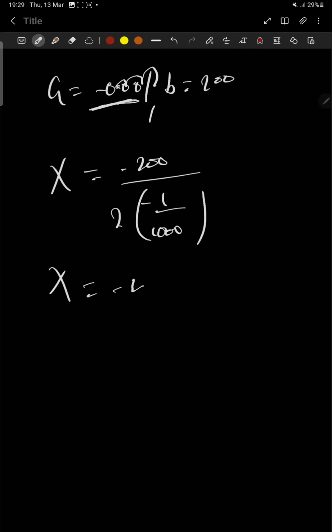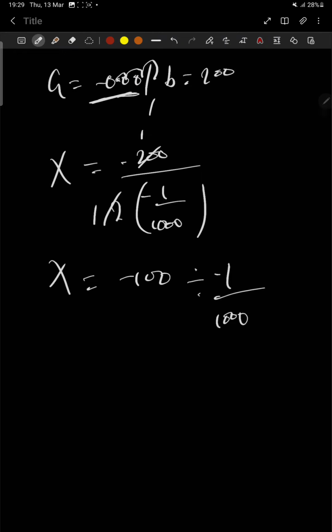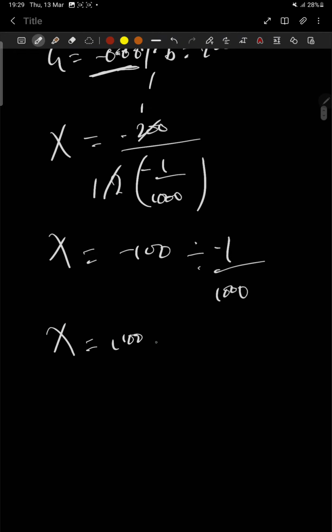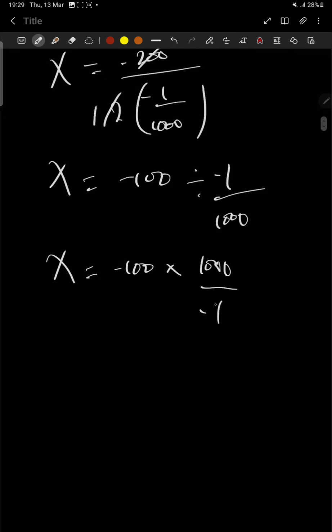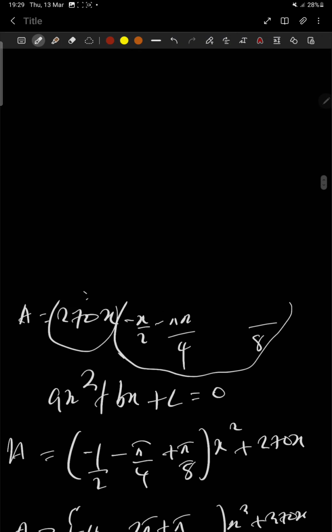So our x will be negative 2, and then this can go into the 1, this in there is 1, so it will be negative 100, divided by negative 1 over 1000. So our x will be negative 100 times 1000 over negative 1. Negative and negative goes, so our x will be 100,000. Okay, 100,000 to maximize our profit.